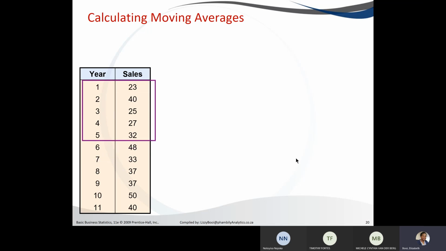So it means we're going to take our first 5 years and create the moving average. Remember the first I showed you, I said we will start the moving average from year 3, and I started putting at year 3. So we're going to use the average or the mode or the median.